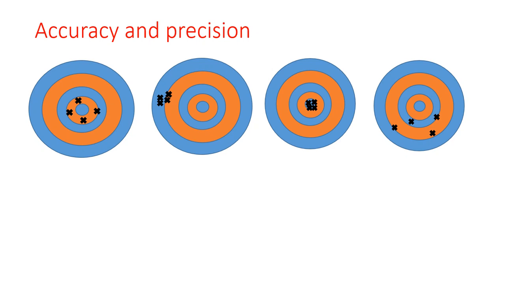Let's move on to something else. Important terms that we use in chemistry, in measurements, are accuracy and precision.